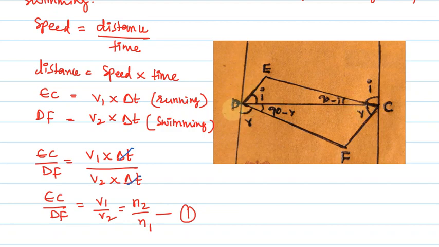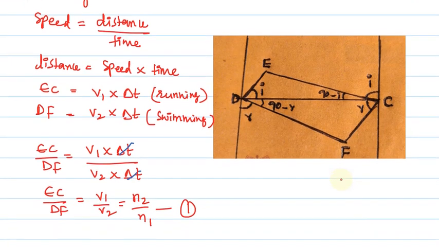And in the second right angle triangle DFC, this angle is angle of refraction R. Now this total angle here is 90 degrees. This is R, the remaining angle is 90 minus R. Then here the angle we will get becomes R, right?